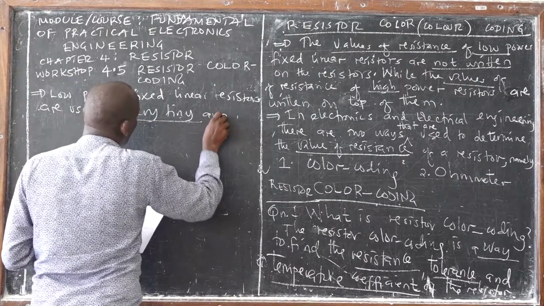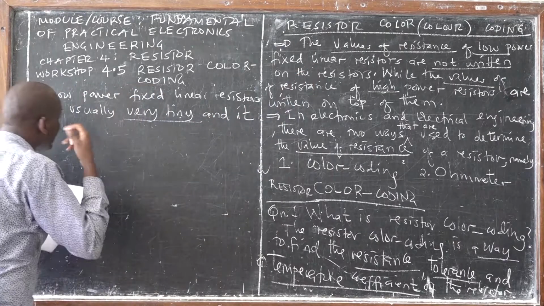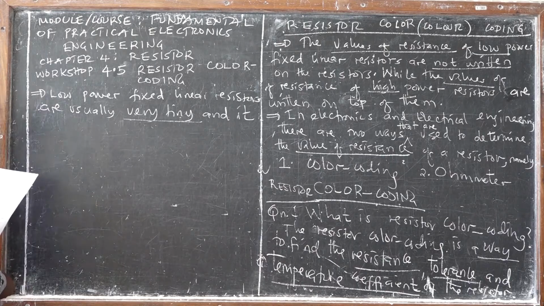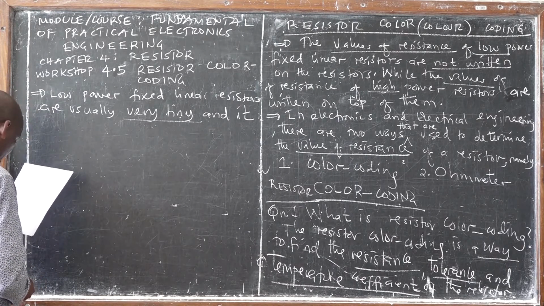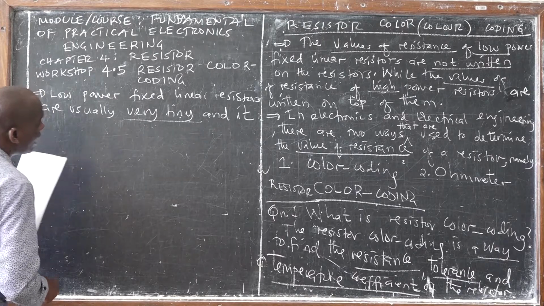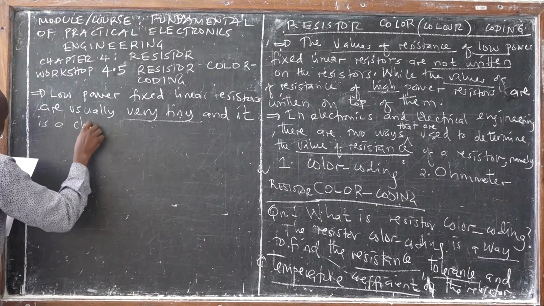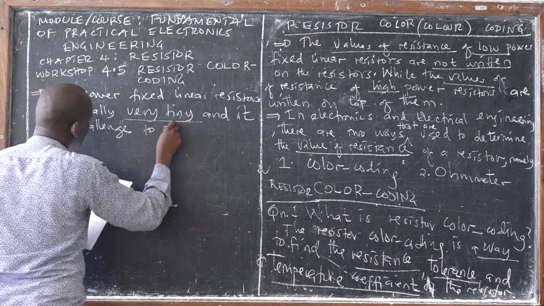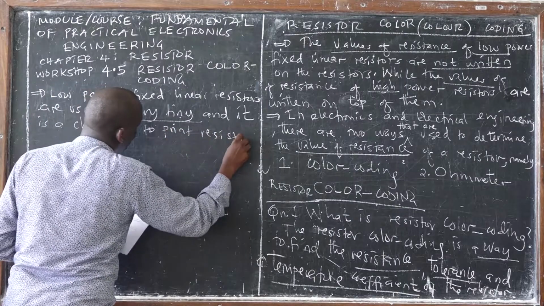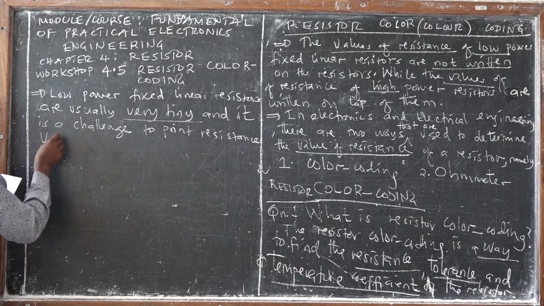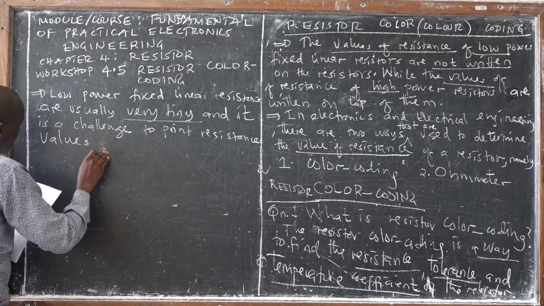So we are answering the question: why are the values of resistance of the low power fixed linear resistors not written on top of the resistors? It is a challenge to print resistance values on them.